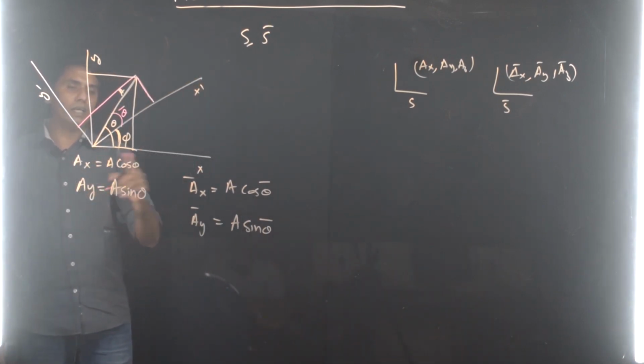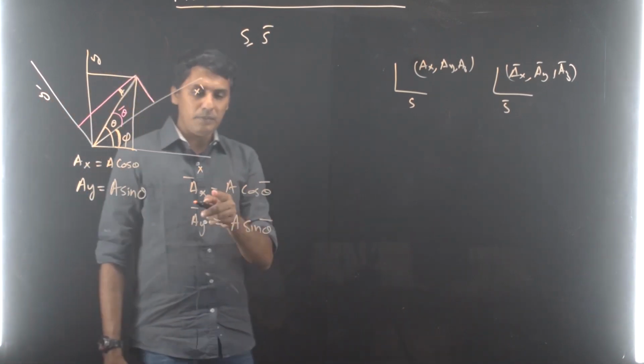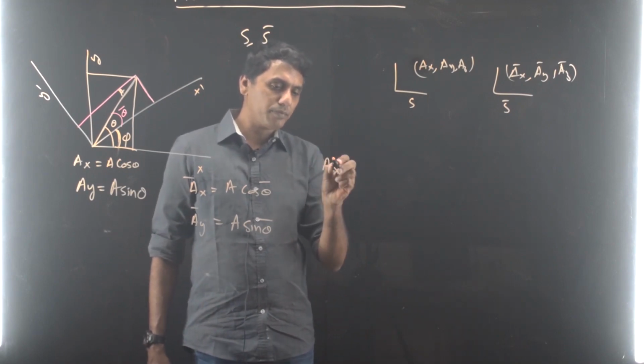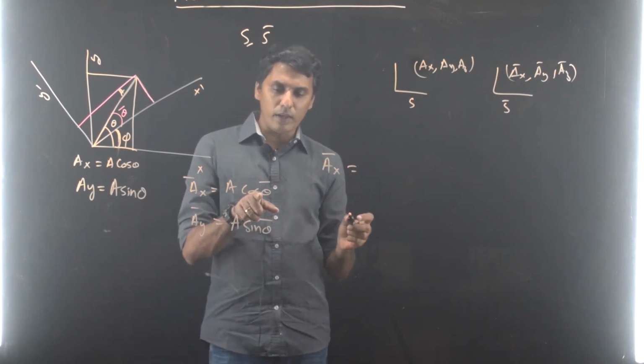So now you see how they are connected to each other. To see that, take Ax bar, which is equal to A cos theta bar.